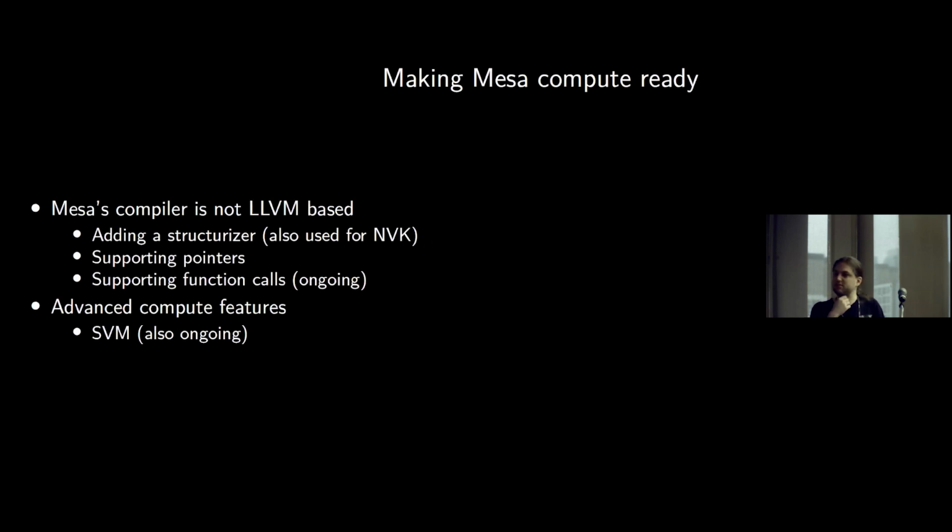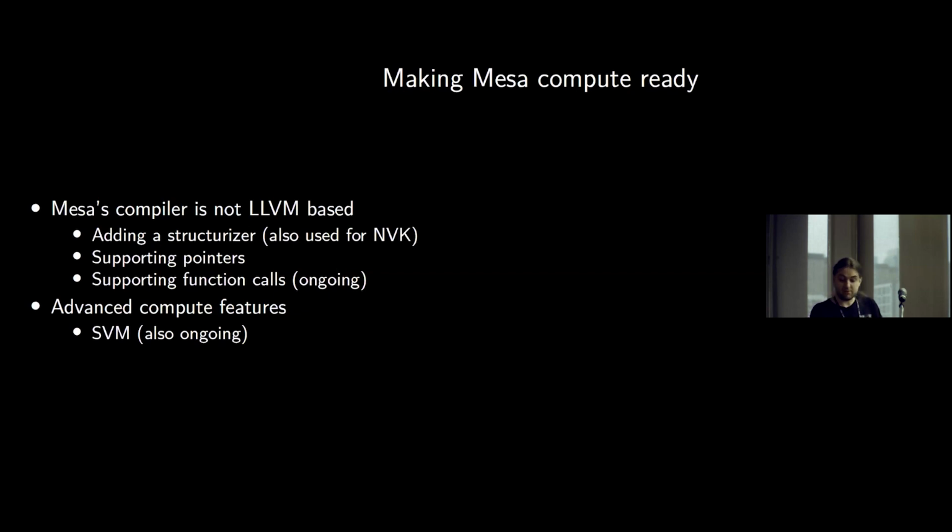But what I'm specifically working on in the Mesa community as well: because the Mesa compiler is not LLVM based, the compiler wasn't really capable of compute workloads, because they are different from the shader code you usually see through GLSL or OpenCL.